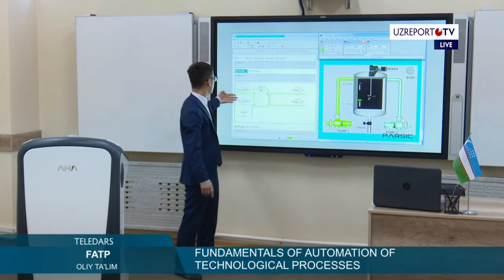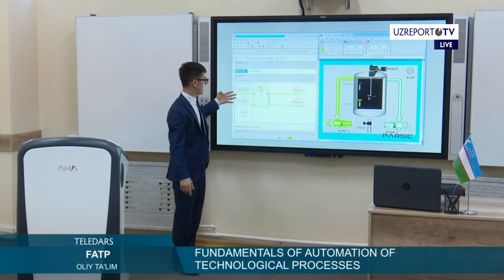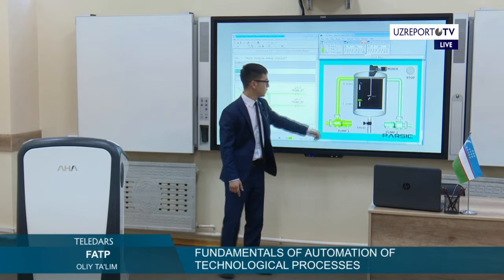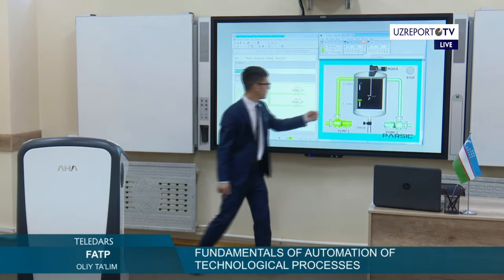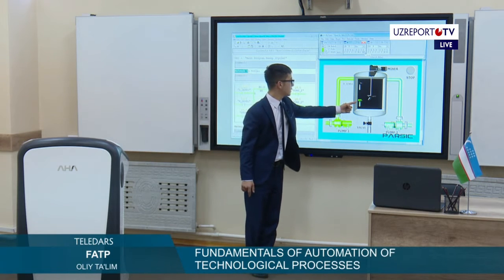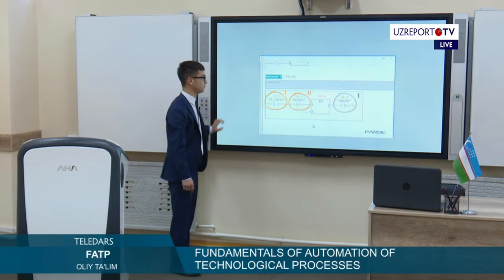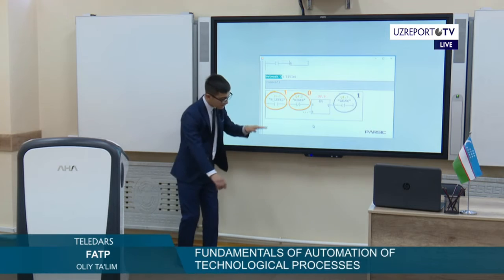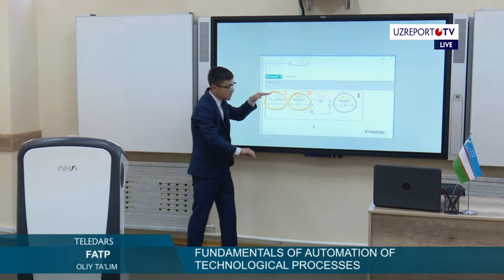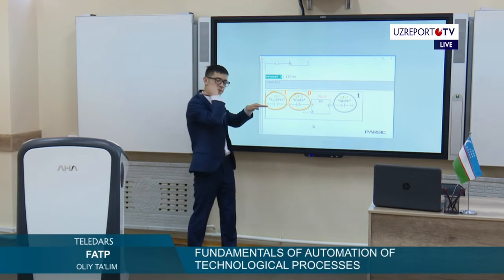When the signal comes from these connections, pump number 1 will start to work when the low level sensor gives a signal. And a mixer. At high level, when the high level sensor gives a signal, pumps will stop.